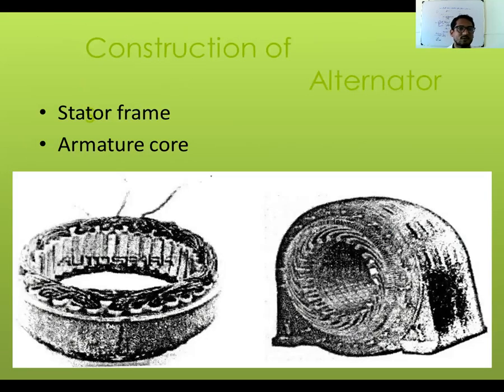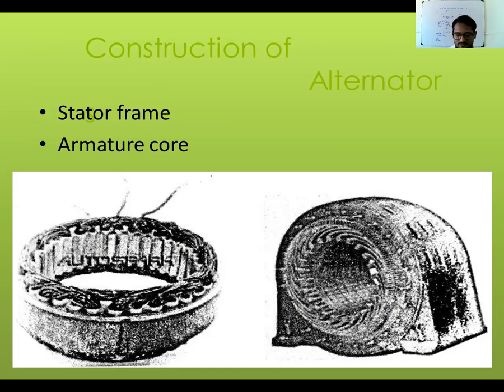Okay, this is the construction of the armature core. For the stator frame or the armature core, the stator is the stationary part of the machine and it is generally cylindrical in nature, having slots in the construction as shown in the figure. Slots carry the armature winding.